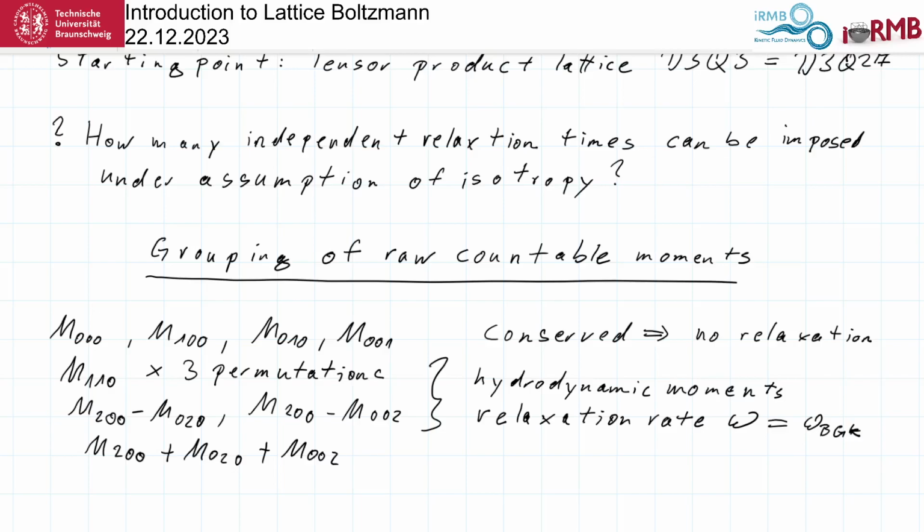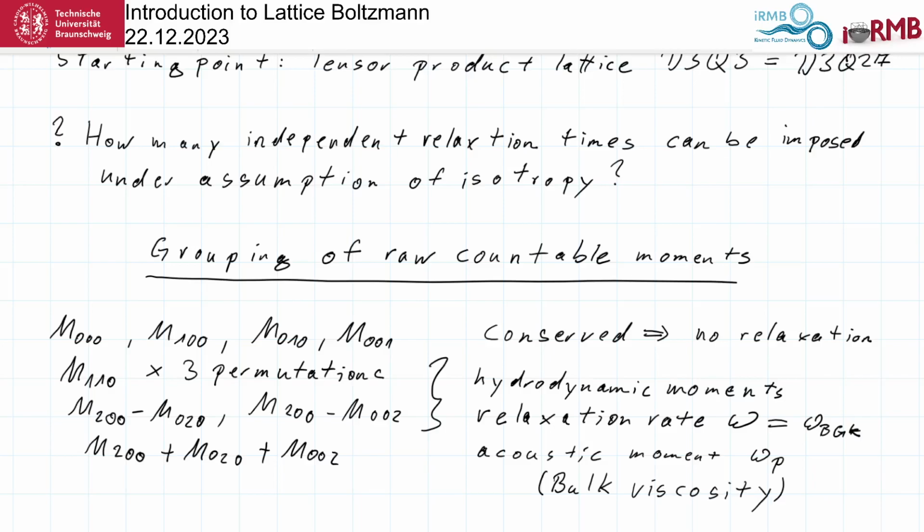Now, in this rearrangement where we have the M200 plus M020 plus M002, this here is the acoustic or energy mode moment. And we are going to relax this with omega p, which can be identified with the bulk viscosity.